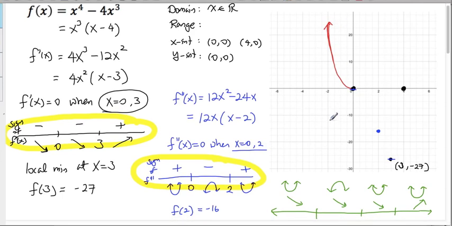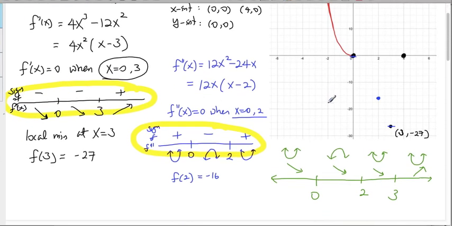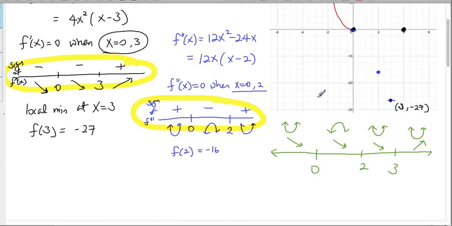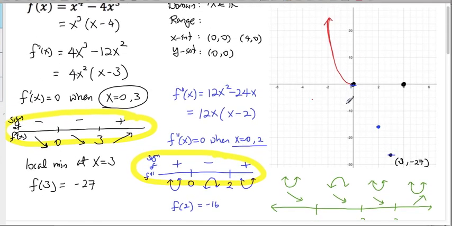And then from 0 to 2 is decreasing but concave down. Okay, and then from 2 to 3, it's decreasing concave up again. Okay, from 3 and on, it's concave up increasing, but it has to go through that point. Like that. All right, so that's our curve.